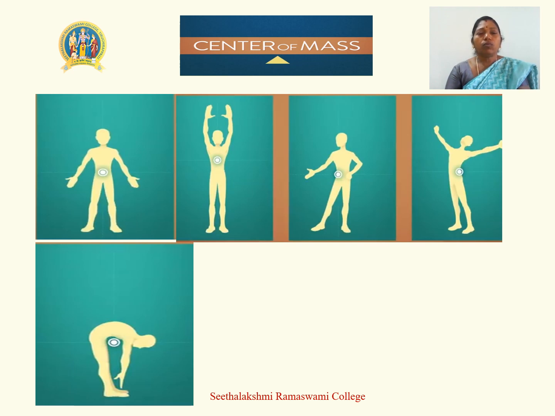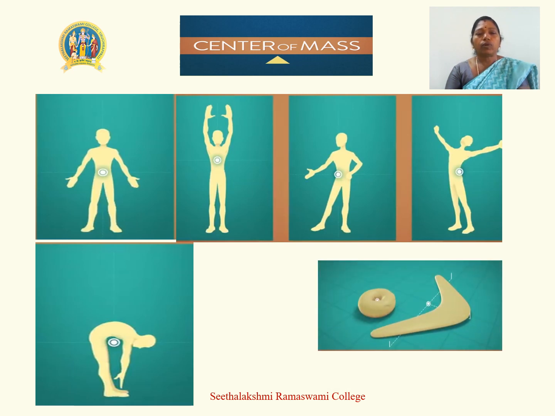It can even move outside of your body. When you bend forward, your center of mass is located below your bent belly in a place where there is no mass at all. Weird to think about, but that is the average position of all your mass. Many objects' centers of mass are outside their bodies. Think of doughnuts and boomerangs.